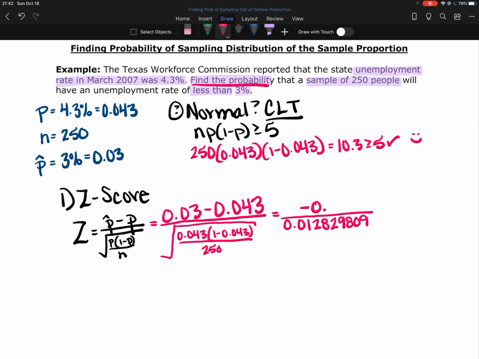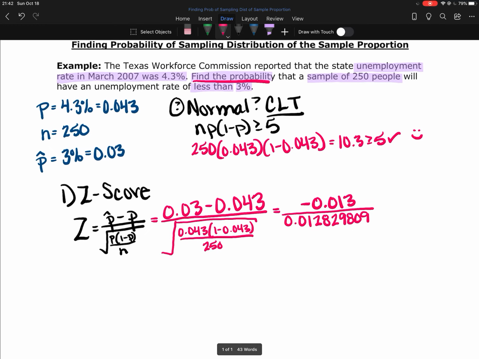And then up top, I have negative 0.013. And then I divide that by 0.012829809, and I get negative 1.0133.